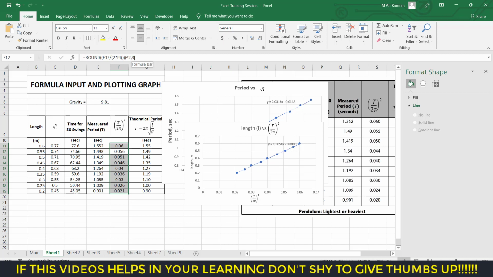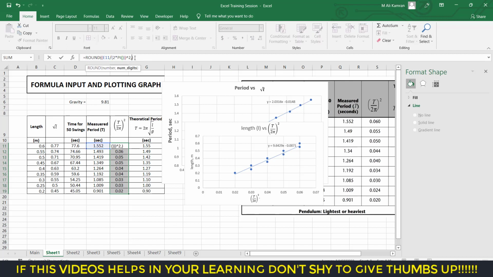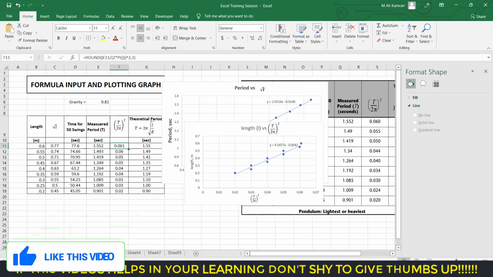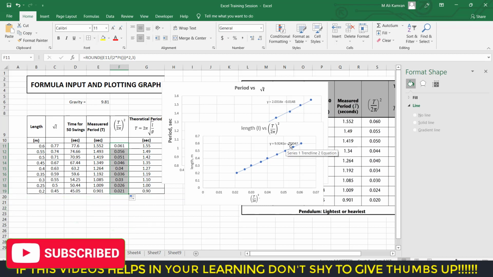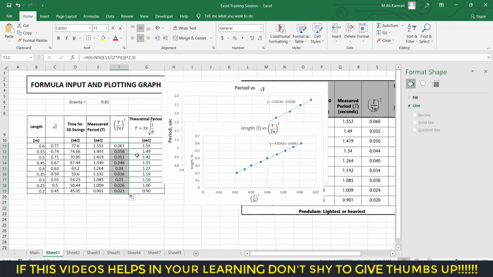Double click to apply to all, then 9.64. And if we make it 3 decimal places, and double click, this is 9.924. So again it depends on your number of digits after the decimal place.